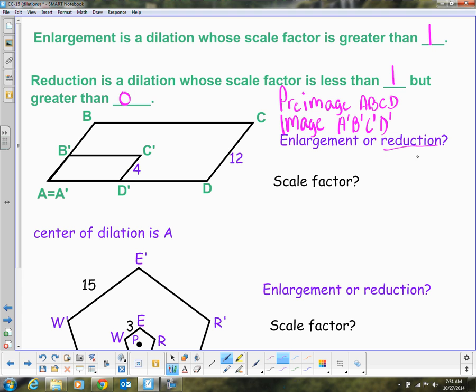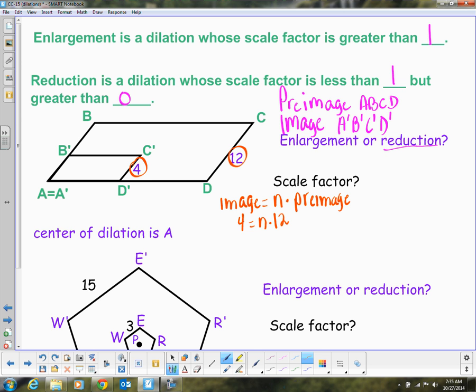All right, if it's a reduction, how do we figure out scale factor? There's one of two ways. We can say image equals some number n times pre-image, at which point we see a 4 that corresponds to a 12. 4 is the image, 12 is the pre-image.